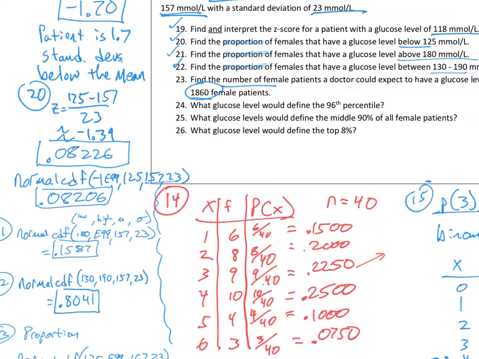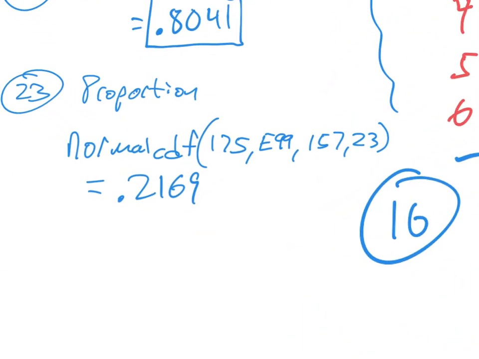Leaving that in our calculator, now we have 1860. All right, so that means about 21% of these will fit the criteria. All right, so we want to know the number of patients, and that's going to be 0.2169 times 1860 patients. Now, use your calculator. Hit second answer, actually.